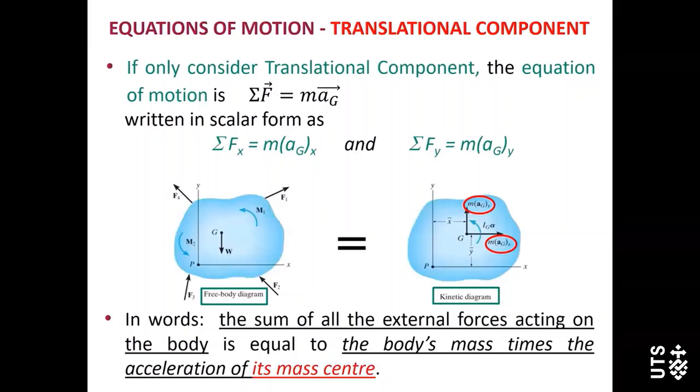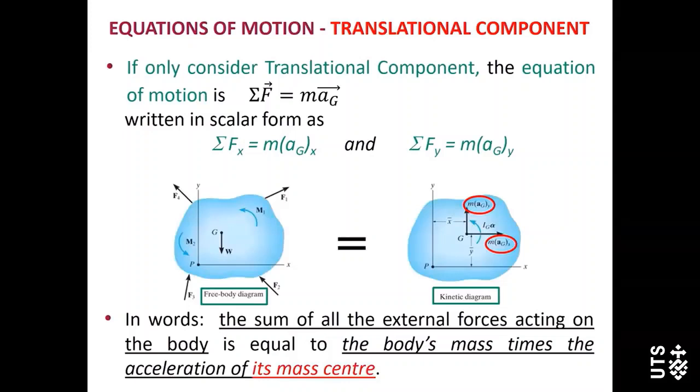Whatever translation, rotation about a fixed axis or general plane motion, the equation of motion always has 2 components, translational and rotational components.